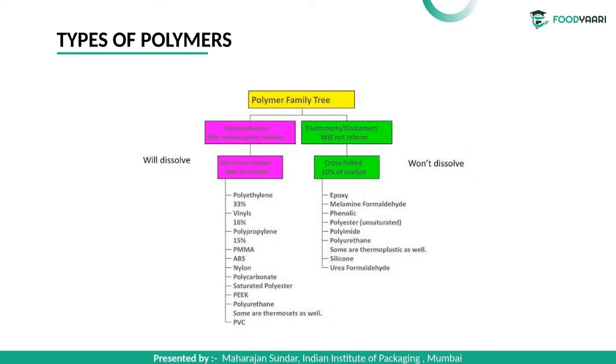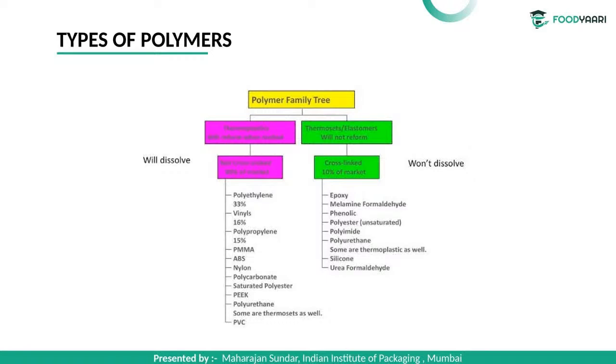Okay. Types of polymers used in making packaging material. This is the polymer family tree. It is generally categorized into thermoplastics and thermosets.